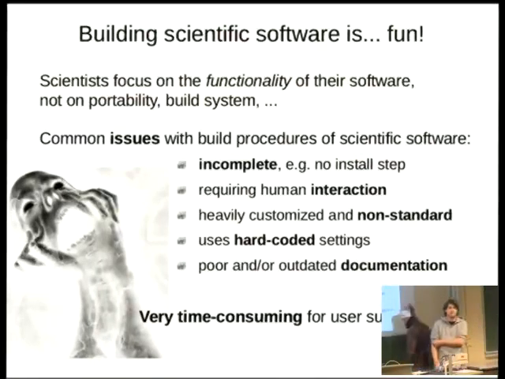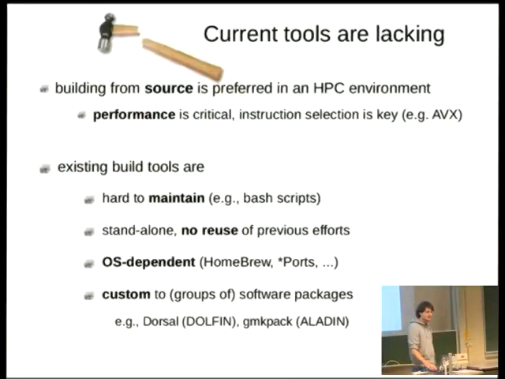So if you want to use environment modules, as we saw earlier, you have to patch it, because it expects these libraries to be found, but then you need to have the environment properly set up. So it's very time consuming, also for other HPC teams. And the tools that were available are lacking.